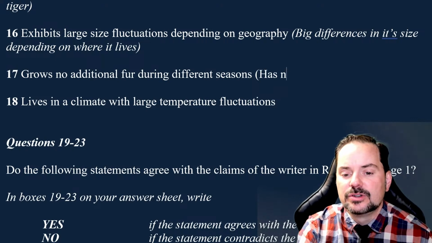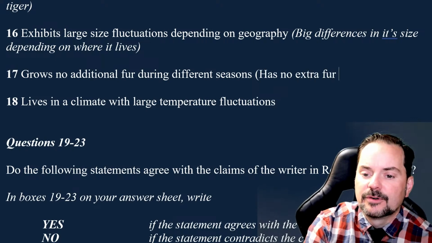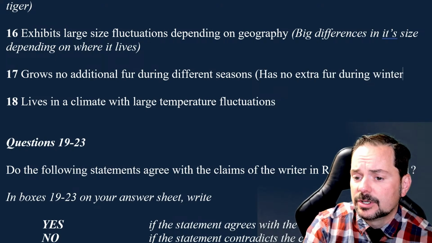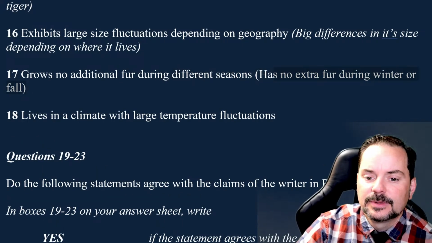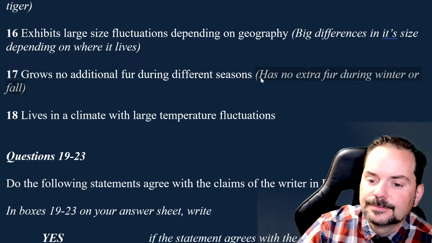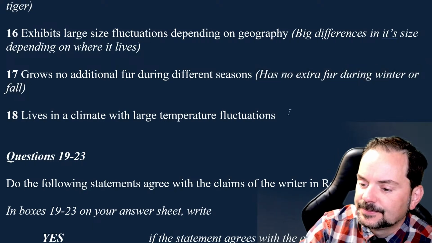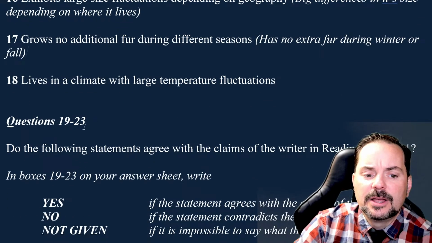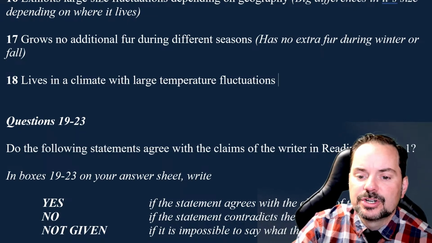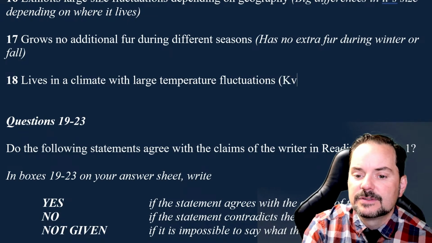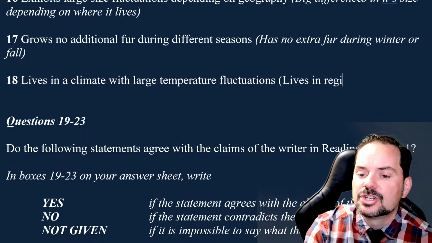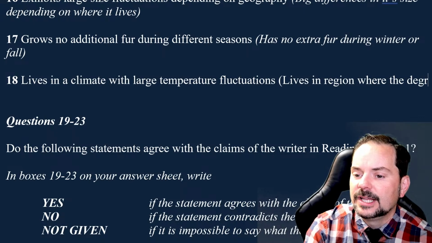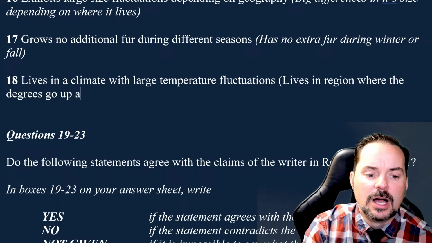Okay, has no extra fur during winter or fall. Usually that's when animals grow extra fur for the cold, right? Lives in a climate with large temperature fluctuations. Okay, lives in a region where the degrees go up and down a lot.